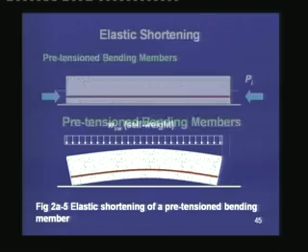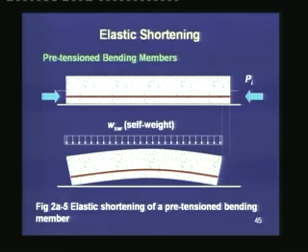We are quickly reviewing the calculation of the loss for the other types of members. A pretensioned bending member is also subjected to camber, and we have to also consider its self weight, because when it comes under a static equilibrium, it is not resting on the prestressing bed throughout its length, but it is resting only at the two ends.